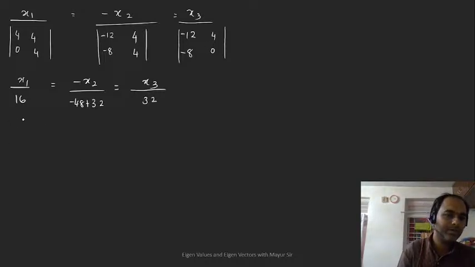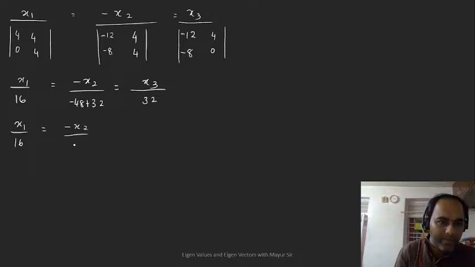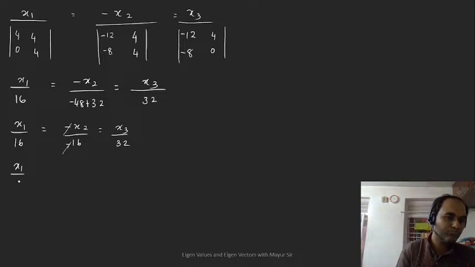So x1 over 16 minus x2, this is going to be minus of 16, and x3 is 32. Okay, so for x1 we will reduce the common factor, and the minus sign gets cancelled. So here you have 1, x2 is 1, and x3 is 2.